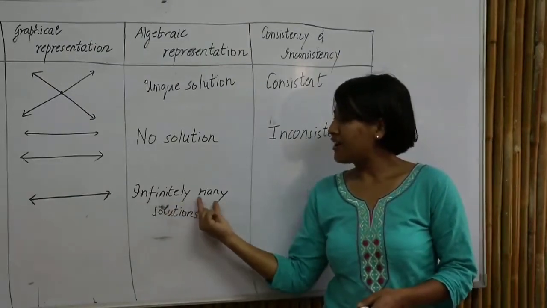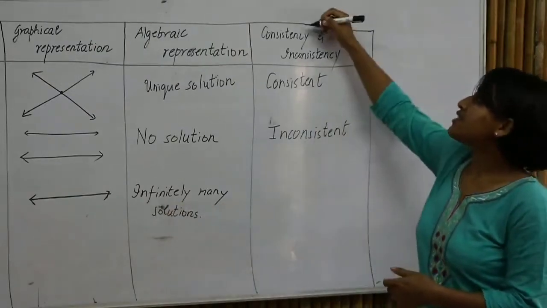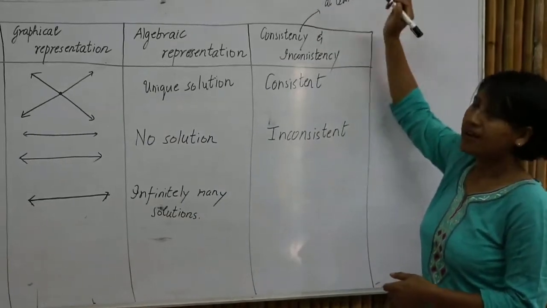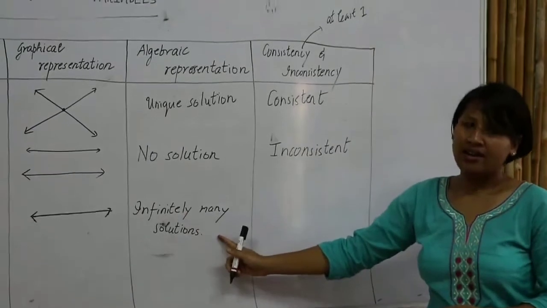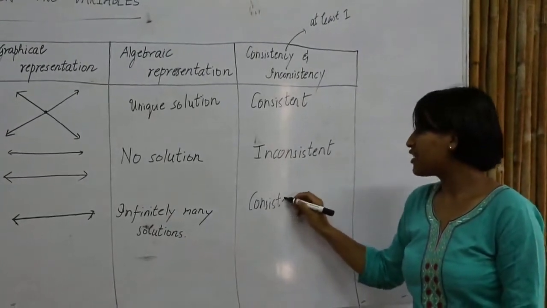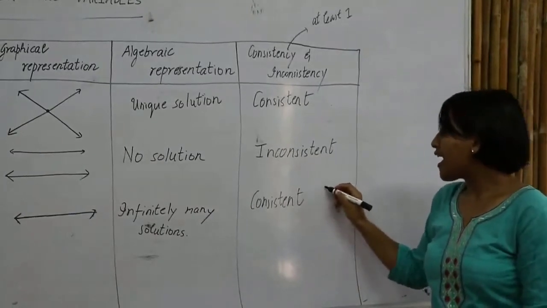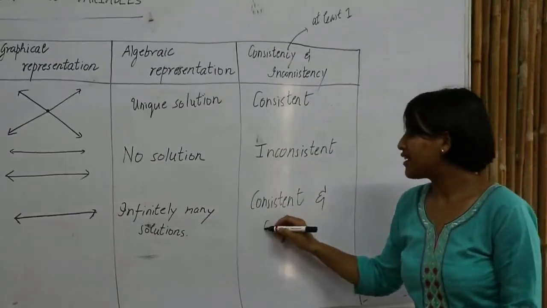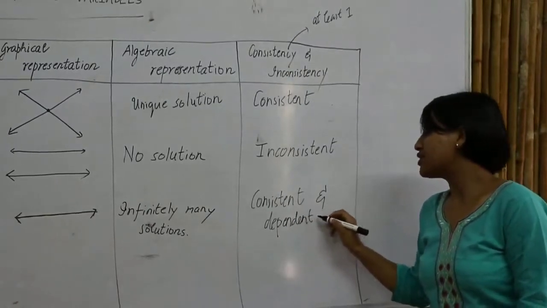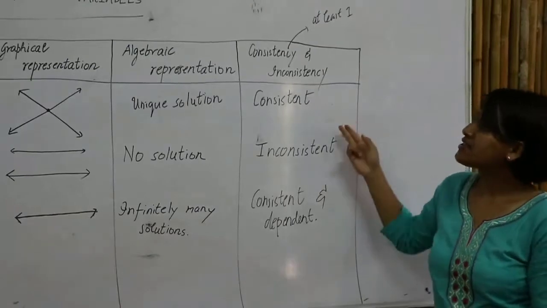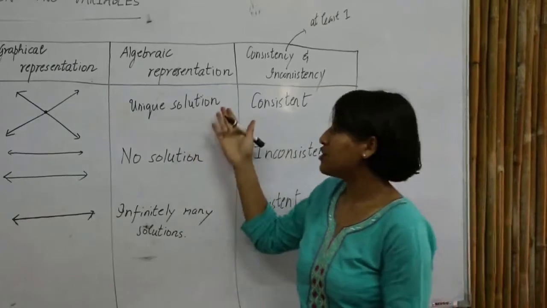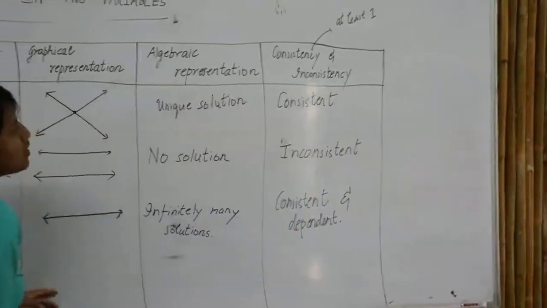However, when they have infinitely many solutions, consistent says it has at least one, and here infinitely many. So they are actually consistent and dependent. Dependent means when they have many solutions. So this is the table which will help you to know whether you will have a unique, no, or infinitely many solutions.